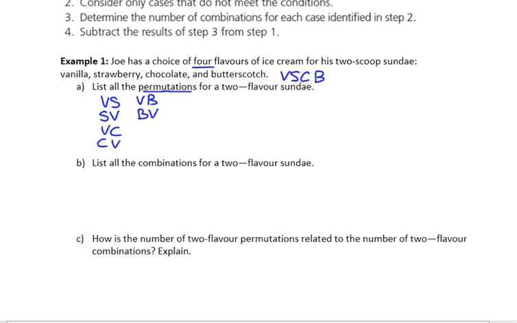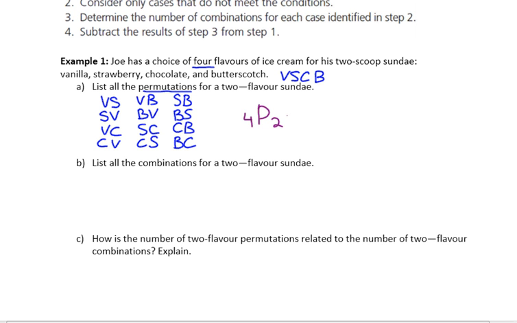So now strawberry chocolate, chocolate strawberry, strawberry butterscotch, butterscotch strawberry, and then chocolate butterscotch, butterscotch chocolate. I think that's all of them. How can we check our answer? Well, there's 4 different flavors, and how many are we picking?